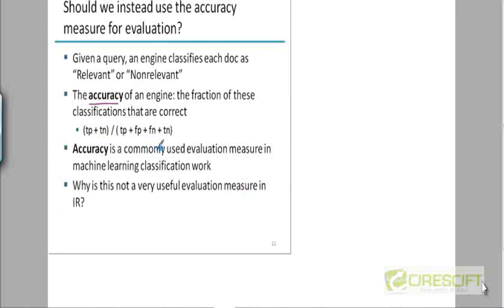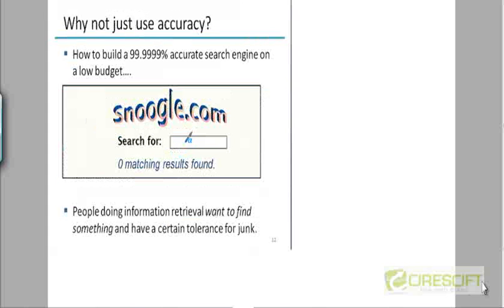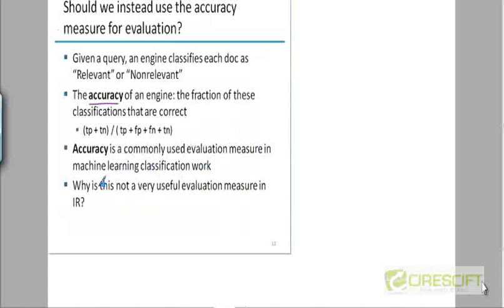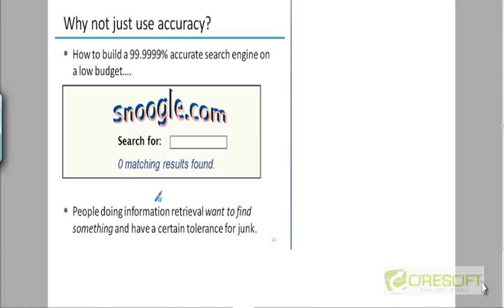And so if you compute this measure, the true negatives will be very high because most of the documents are indeed not relevant for every query. And because this will be very high, this fraction will be close to 1 even if you have such a bad search engine. So that's why accuracy is not a good measure for search engines.